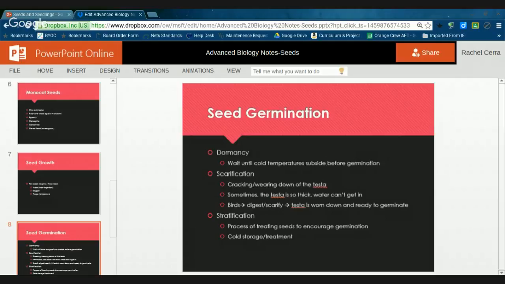That's exposing it to, it's trying to mimic an external environment situation, like in the winter when the seeds would be going dormant in the cold soil, in the cold ground. So you're trying to mimic that.